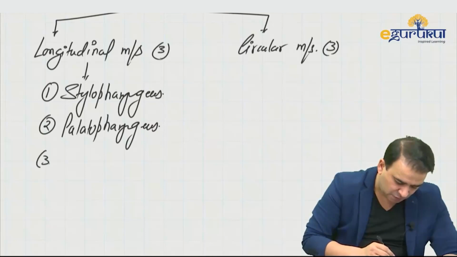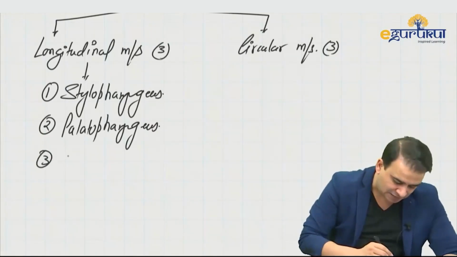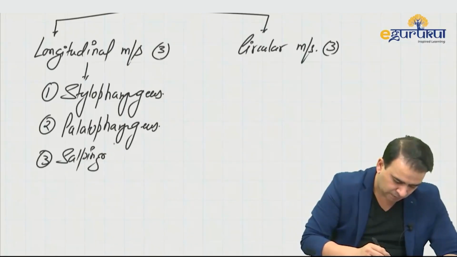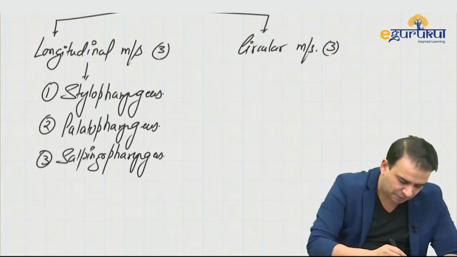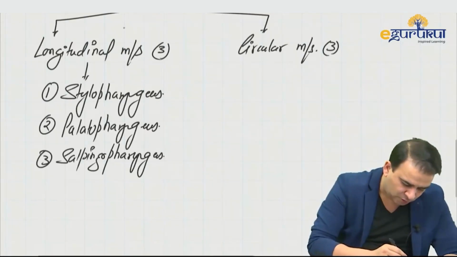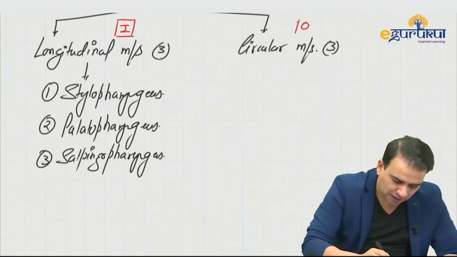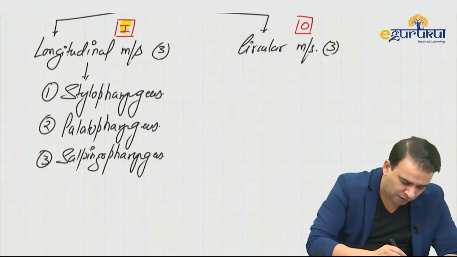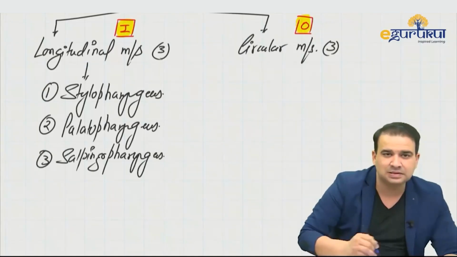And then we have a muscle which is coming from the auditory tube, that is salpingopharyngeus. So all these muscles are present inside. So the longitudinal muscles are inner, and the circular muscles are outer. It is written INO, inner longitudinal and outer circular muscles.